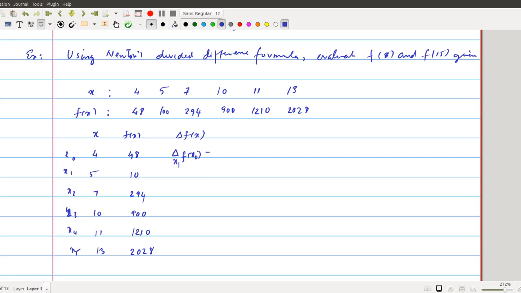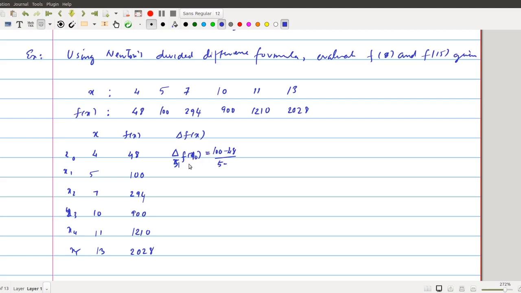So this is delta x1 of f of x0. How will you find this? This is f of x1 minus f of x0, that is 100 minus 48 divided by 5 minus 4, since x1 is 5 here and x0 is 4.